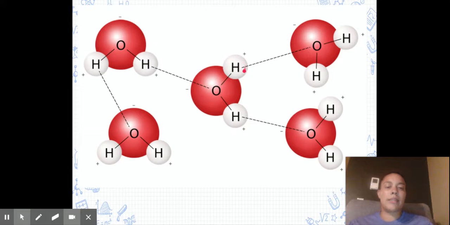So those will be positive. Another more scientific way of talking about it is that oxygen has a higher electronegativity than hydrogen does. So that's why it has that negative end to it compared to hydrogen. So that's our polarity piece.